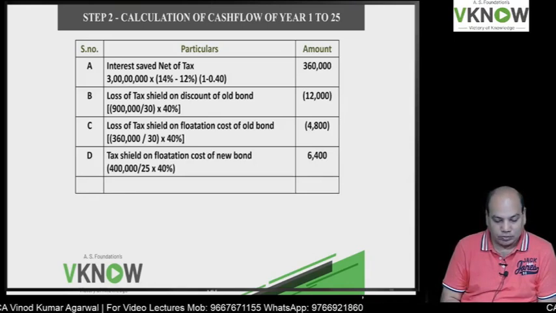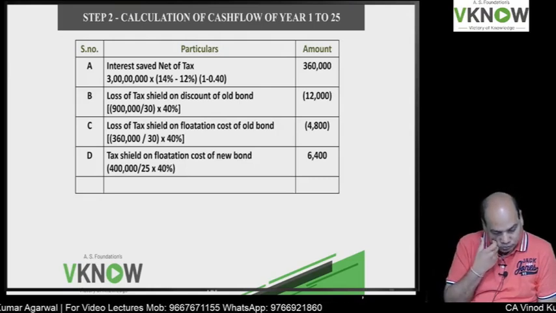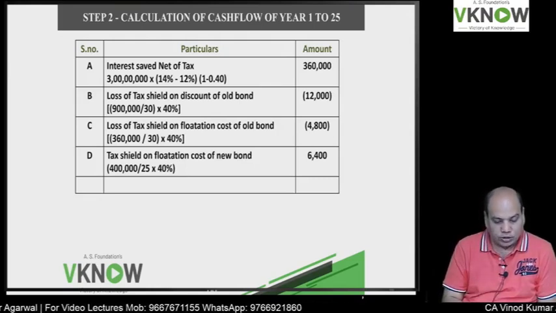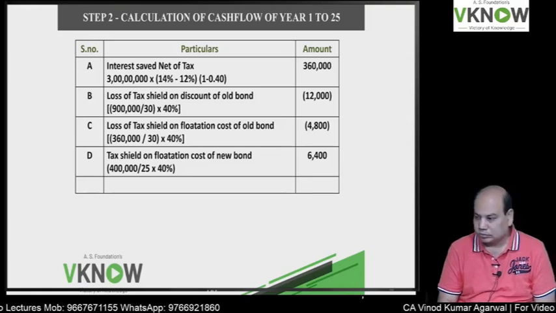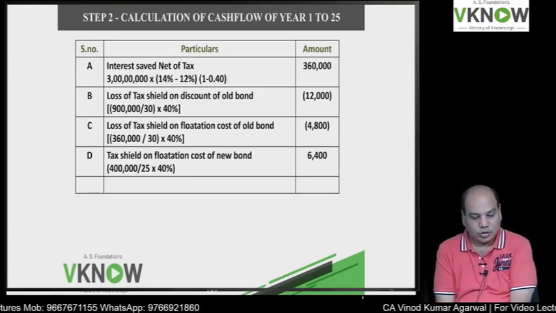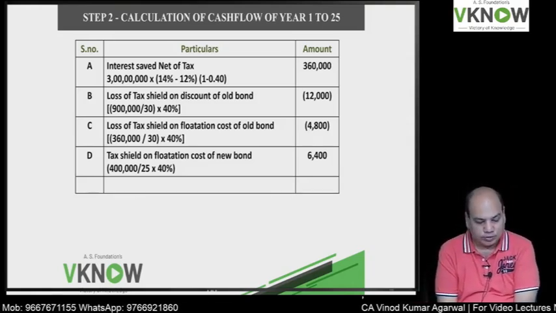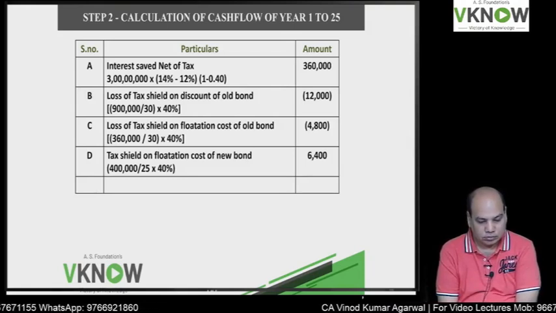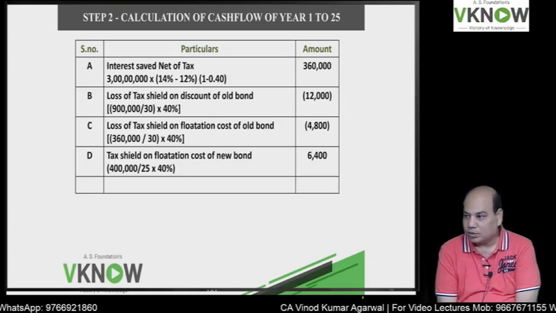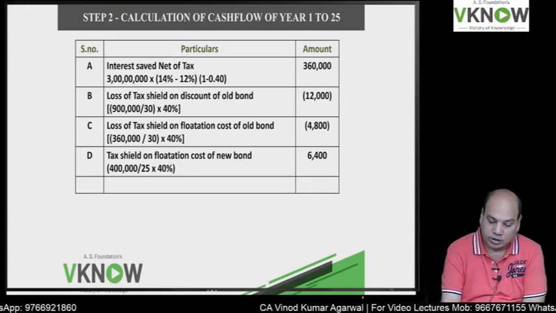Tax shield on flotation cost of new bond. So that will be 4 lakh rupees divided by 25 years now.